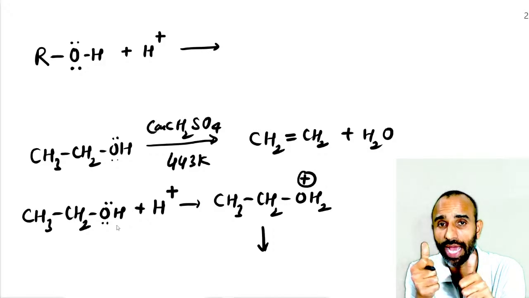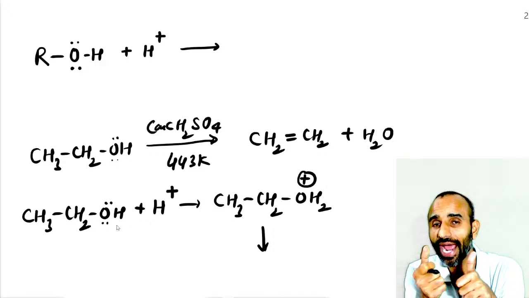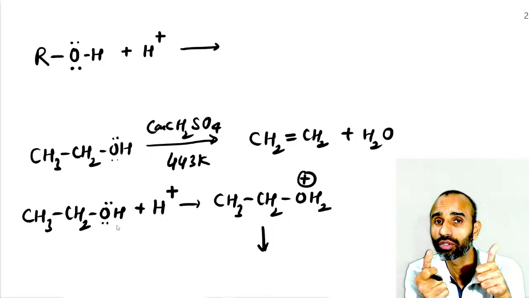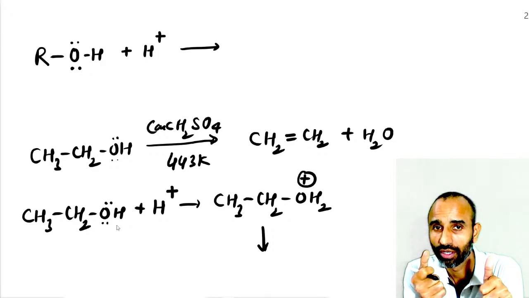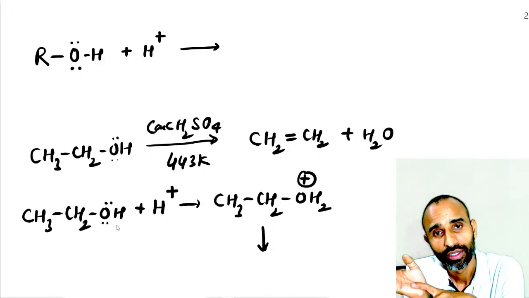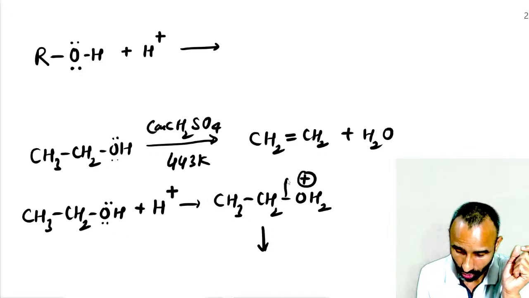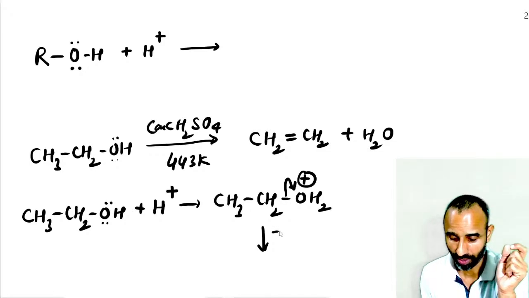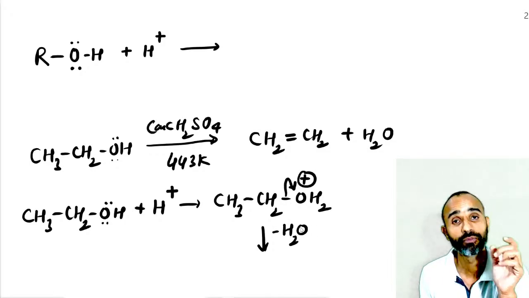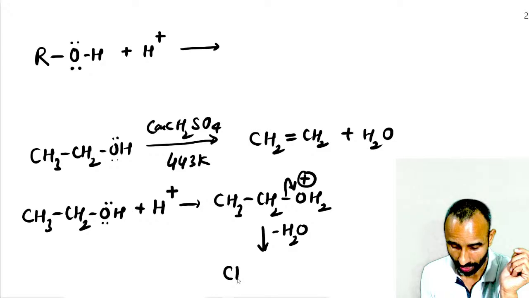This acid will give H plus ion, and that H plus will attack the electron rich site, which is oxygen. So this oxygen is attacked by H plus ion. So we get H2O positive, and H2O positive can be easily removed as water, and we get carbocation.